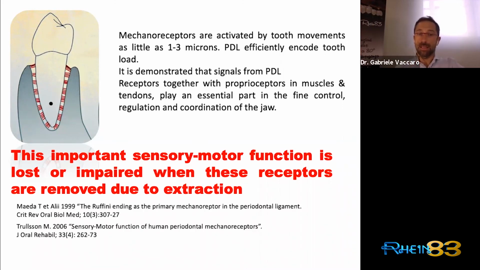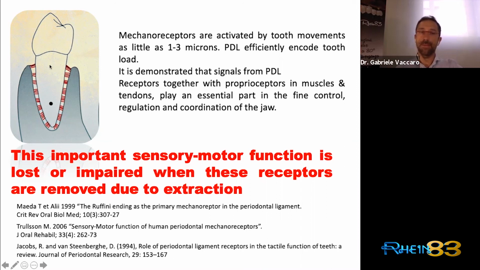And when we extract a tooth, even a tooth that has received a root canal treatment, this sensory motor function is completely lost or impaired when these receptors are removed after an extraction.